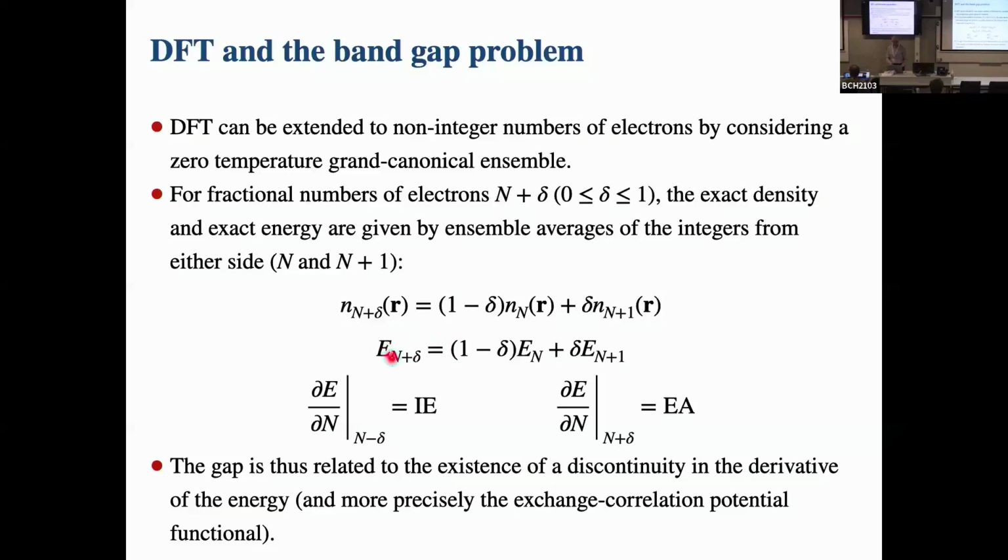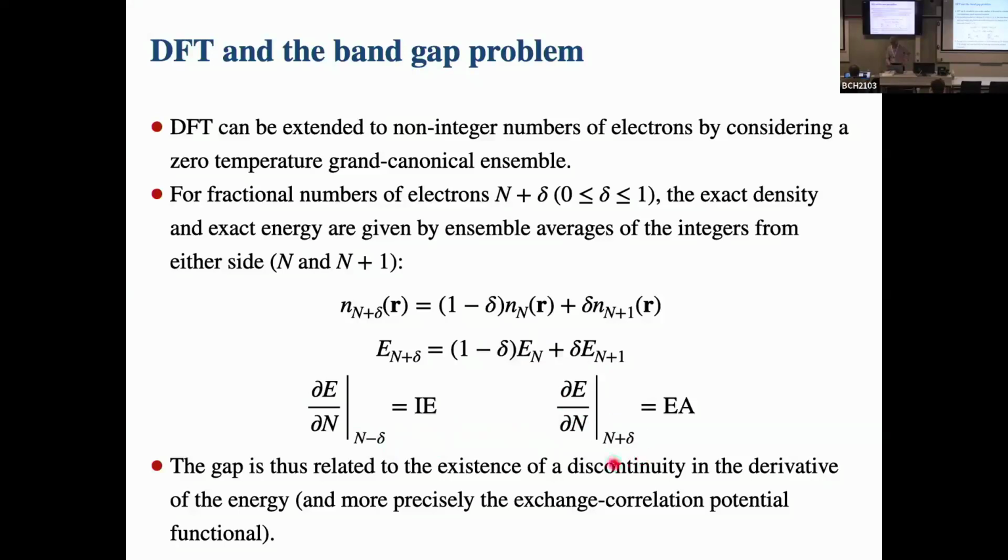In the same way, the energy of that system of n plus delta electrons is a linear combination between the two, okay? And in fact, when you do this, you can see that the derivative for a number of electrons smaller than n, so n minus delta, will give you the ionization energy simply by putting En and En-1 here.